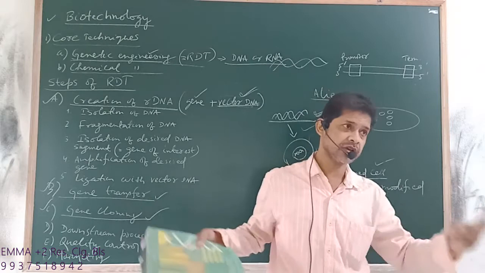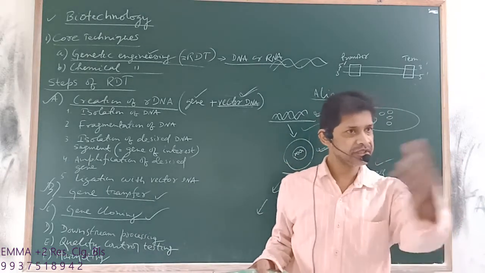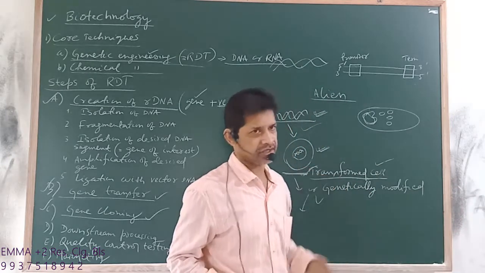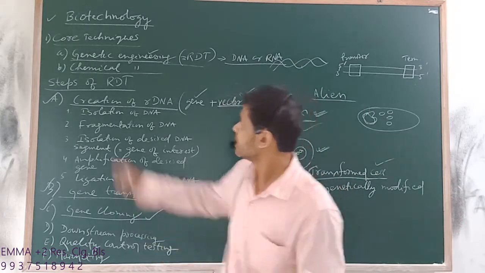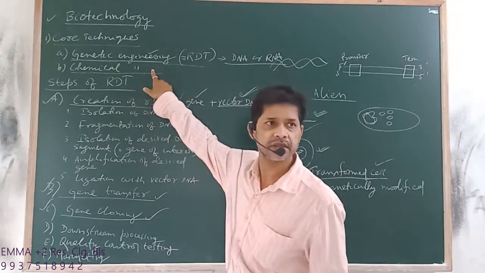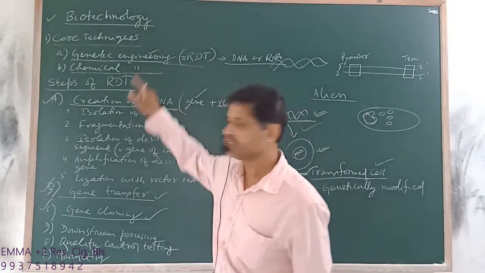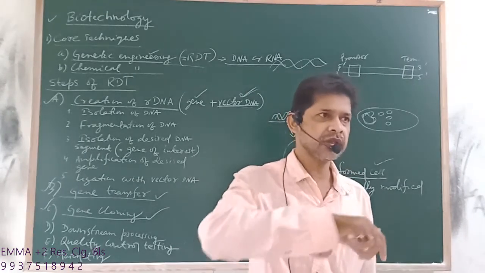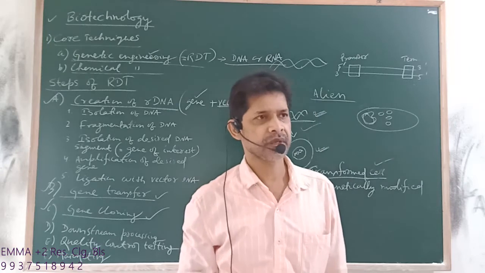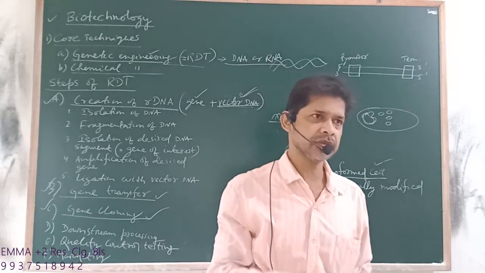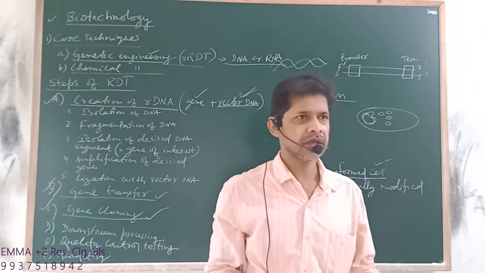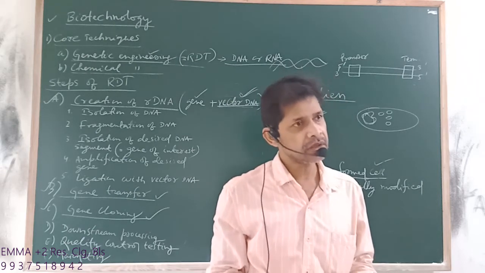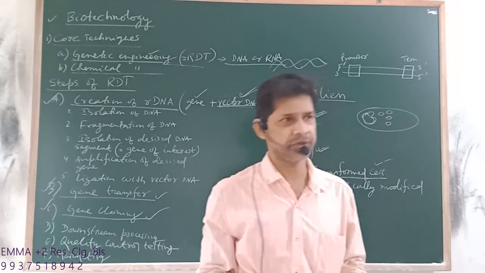In that container, 2 things are present: nutrient medium and the genetically engineered cells. That's why chemical engineering. Chemical engineering means we will engineer the nutrient medium. That nutrient medium should contain antibiotics so that other cells should not interfere.